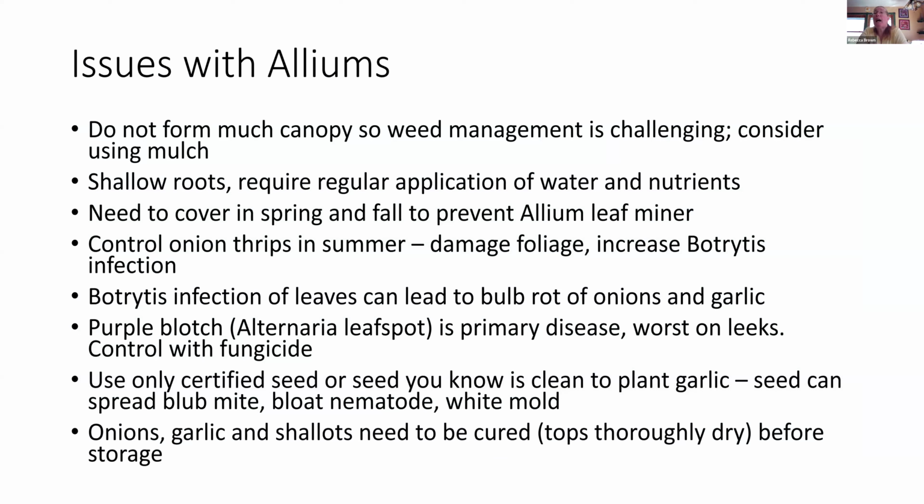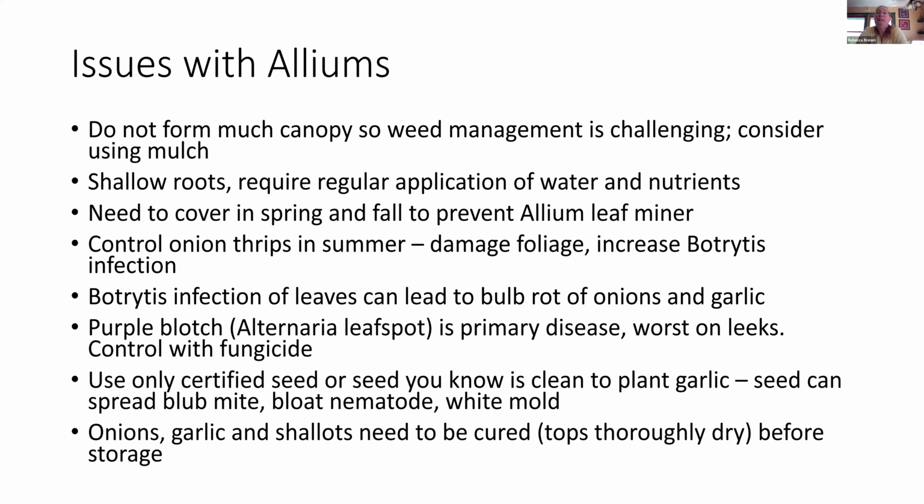Okay, issues with alliums. The number one issue is that you don't get a big crop canopy with these. So weeds are always a problem. Many growers have switched to using mulch, including plastic mulch.